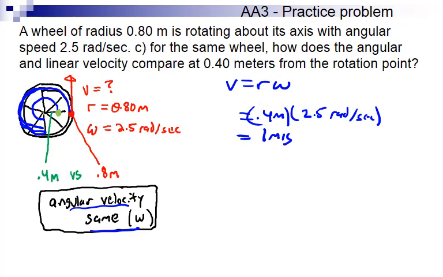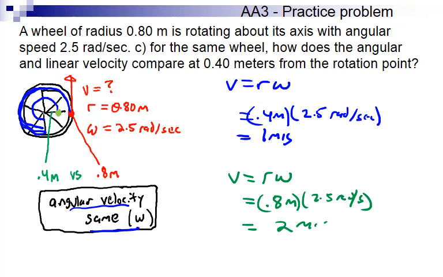And then for the outer one here, we would have, again, v equals r omega, and we have r as 0.8, omega 2.5 radians per second, and that will come out to be, wait a minute, oh, I divided, 2 meters per second.